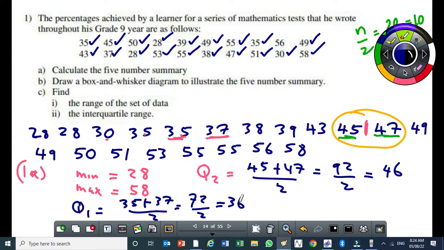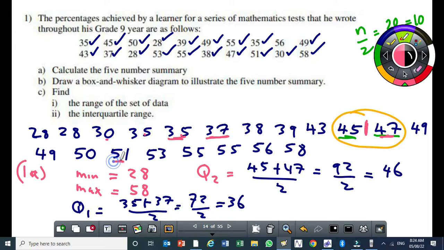Okay? Then, to determine Q3, it is the median of the second half of the data set. So again, we are going to do the same. Our second half starts here at 47 all the way up to 58. So we just need to locate the fifth value and the sixth one. So 1, 2, 3, 4, 5.